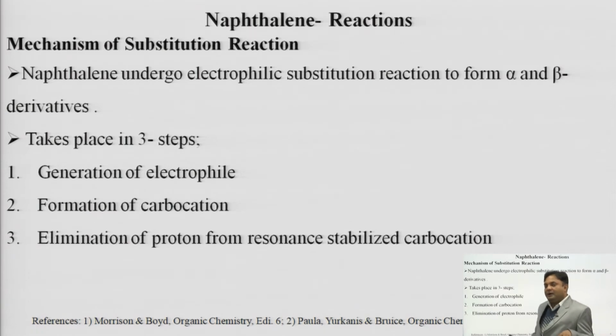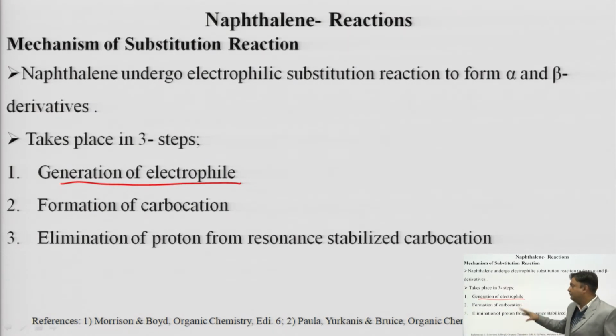But for this reaction to take place we require some electrophile, so we can consider the first step as generation of electrophile. When we add up all 3, we have 3 main steps in this mechanism. First is generation of electrophile. In the second step, an intermediate carbocation, or sigma complex, is formed. In the third step, removal of the proton occurs.